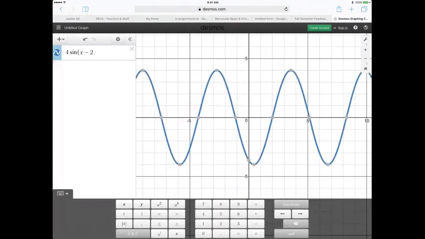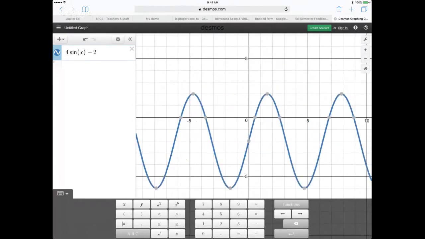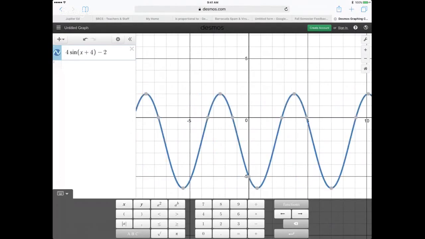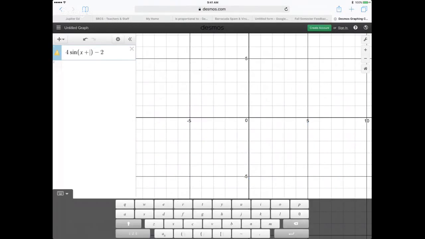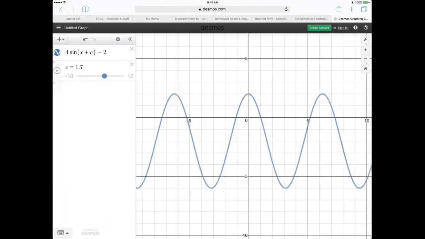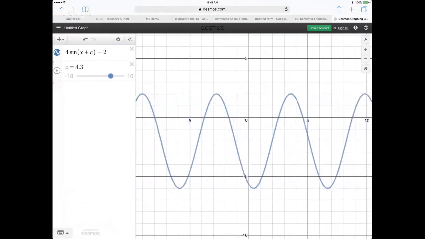And, okay, Richard, here's the spot to watch. If I just had 4 sine of x plus 4, that would have moved me over left. Watch how this plus 4 moves me over left. Let's call this 4 number C. And watch how as I increase C, it moves me over left 4.